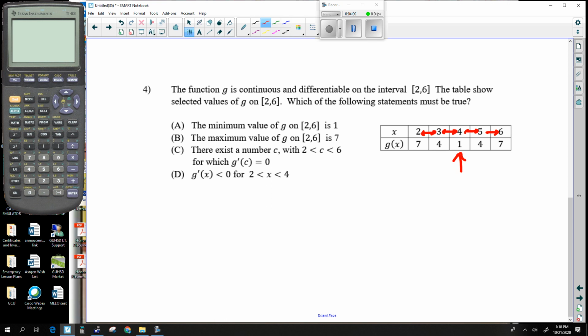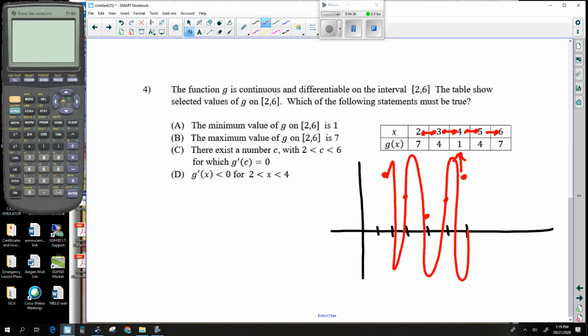For instance, the picture could be doing something like this. When it's at 2, it could be at 7. At 3, it's at 4. At 4, it's at 1. At 5, it's at 4. At 6, it's at 7. But I don't know what's going on in between. The picture could be doing something crazy.